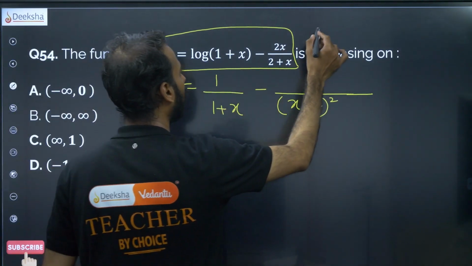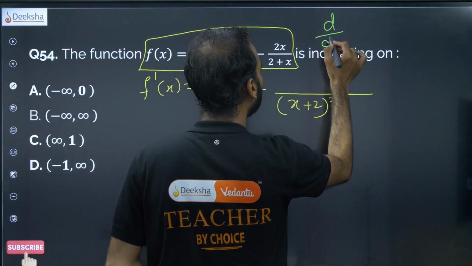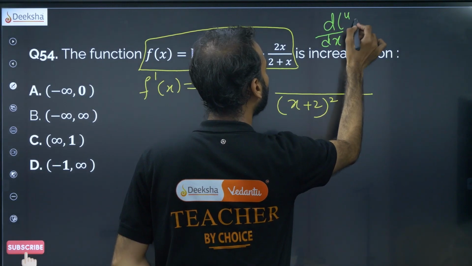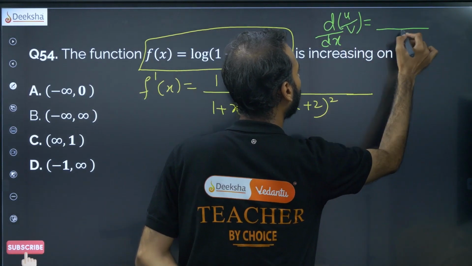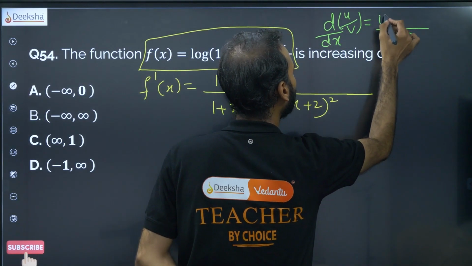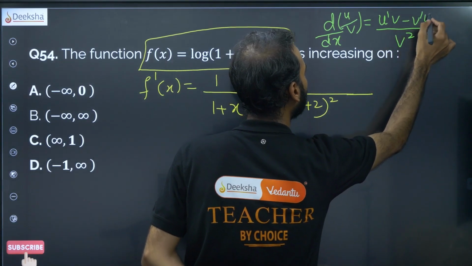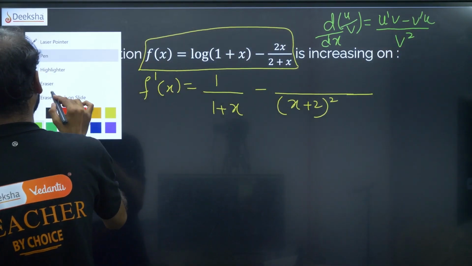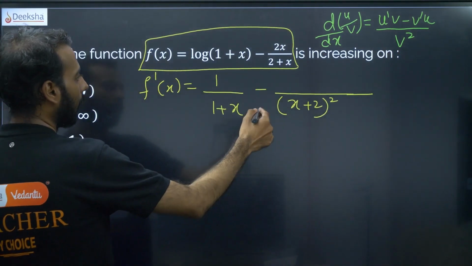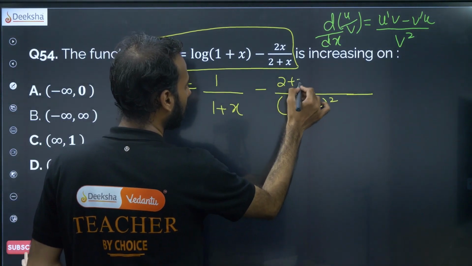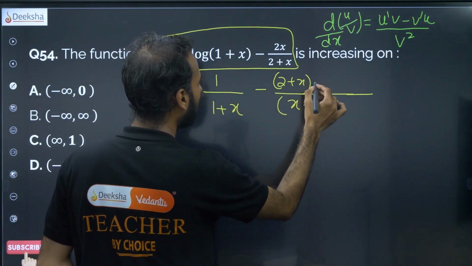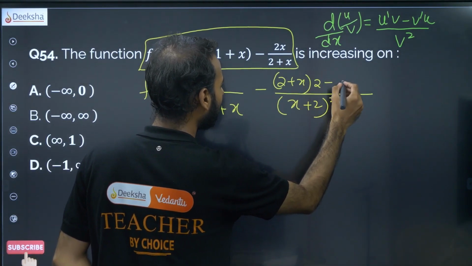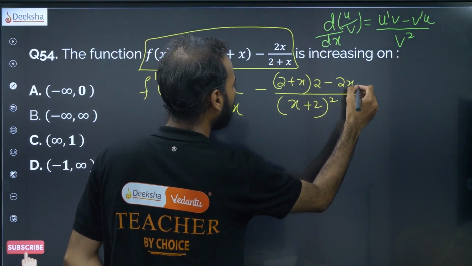Students might be aware of all this. d by dx of u by v is v square u dash v minus v dash u. So for that function, x plus 2 as it is, differentiation of 2x is 2, minus 2x as it is, the differentiation.